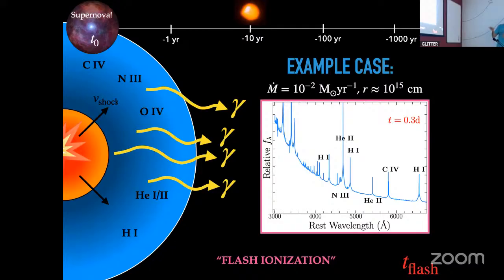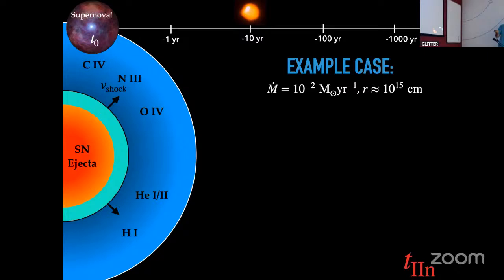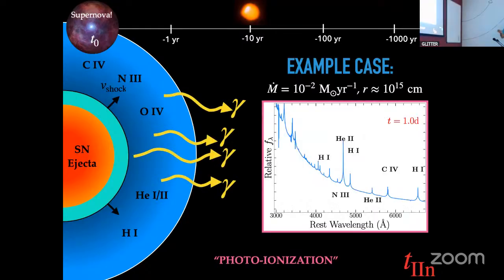But even at 0.3 days, that's really early to get on target. But if my CSM is dense enough, as my shock continues to move outward, as my red supergiant, now liberated, expands as this type 2 supernova, I will continue to see these high ionization lines. We call them flash features or 2N-like features, and they will persist as long as my CSM is optically thick to electron scattering.